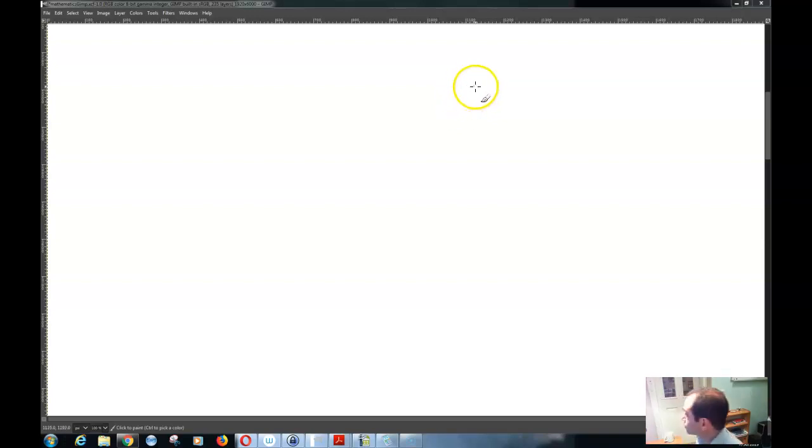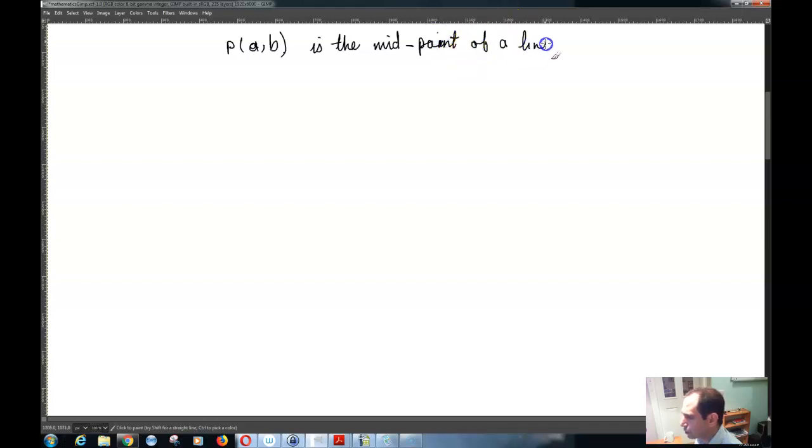So it says that P with coordinates a, b is the midpoint of a line segment between axes, and I will tell you what that means.